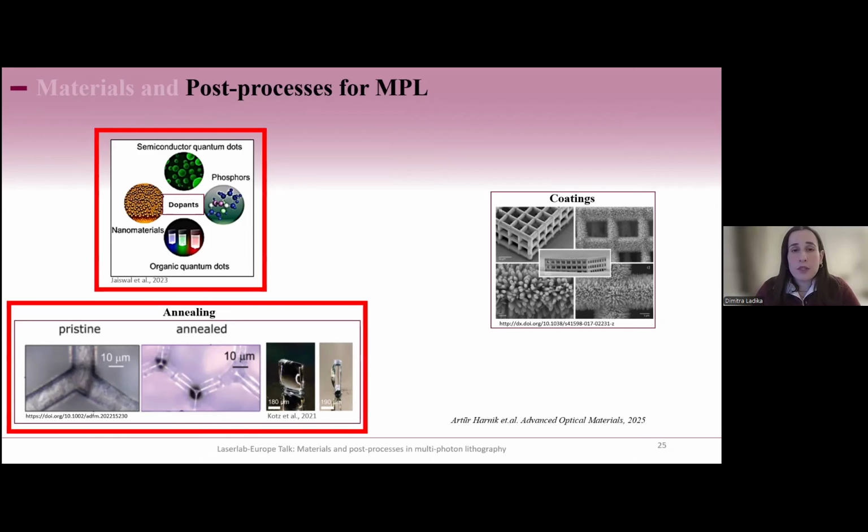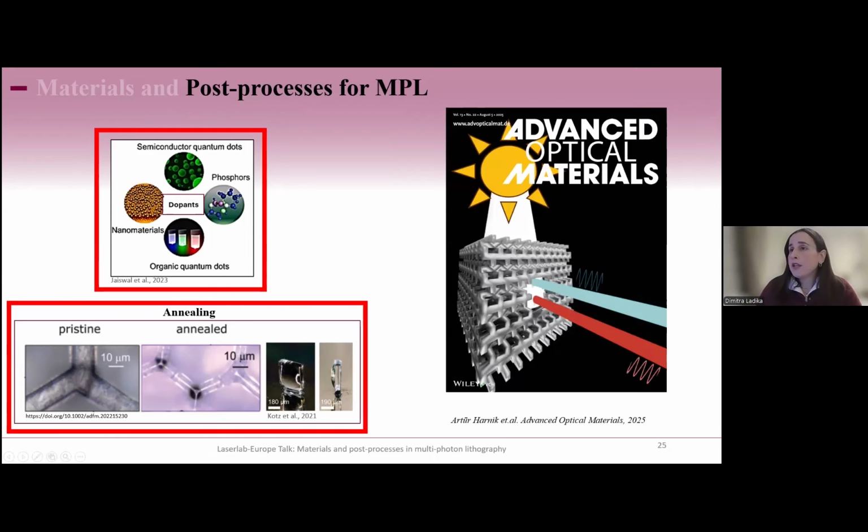And this has been discussed in depth in our latest review from last year, where we discuss how this can advance materials engineering in NMPL for different applications and other different 3D printing techniques.